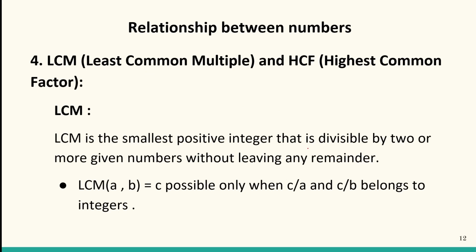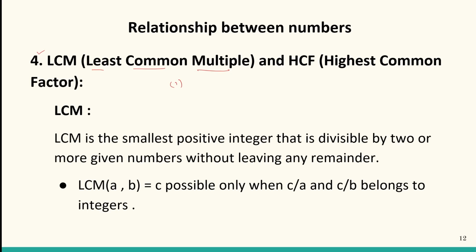Okay. So let's see another important concept, that is LCM, that is least common multiple. So if you want to get the least common multiple, it is always valid when it is asked about two numbers.